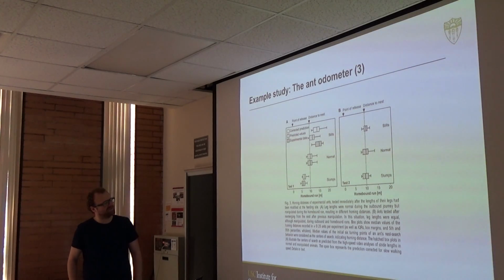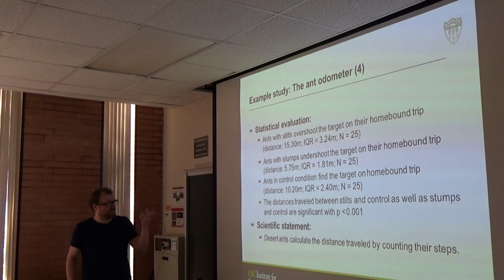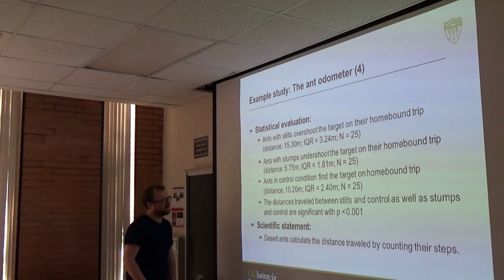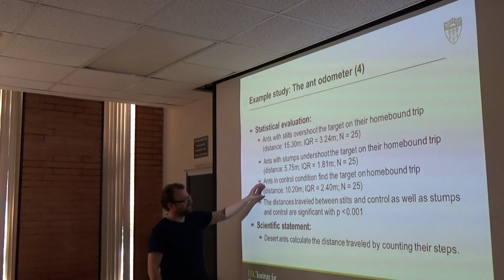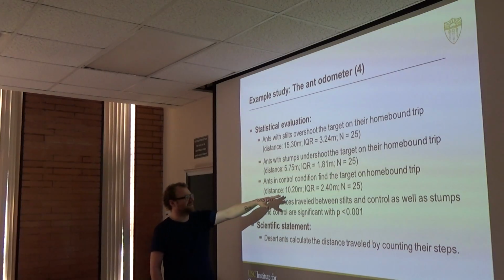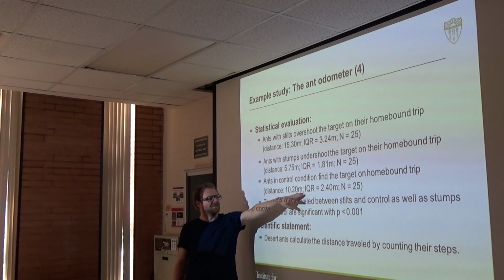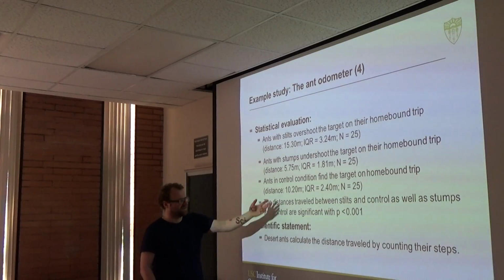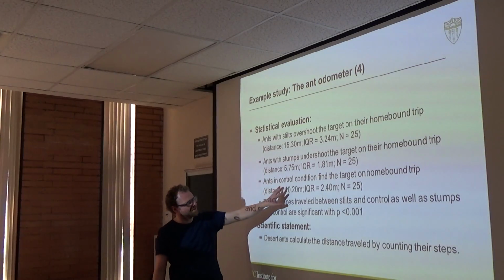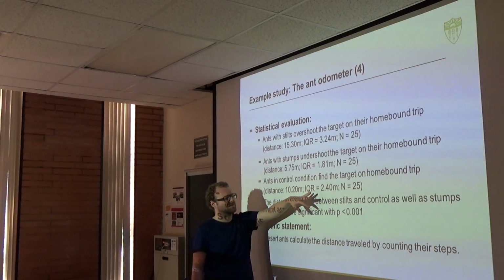Okay, cool. Yeah, and then the reporting about the data. I kind of like this: the mean distance, the interquartile range. You could change this into the mean distance and the standard deviations.